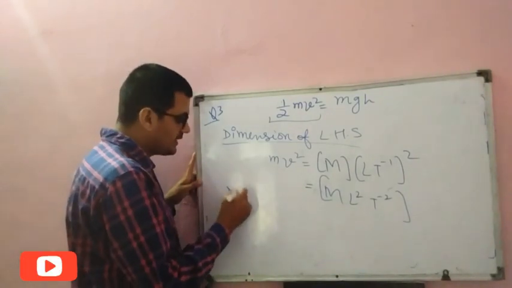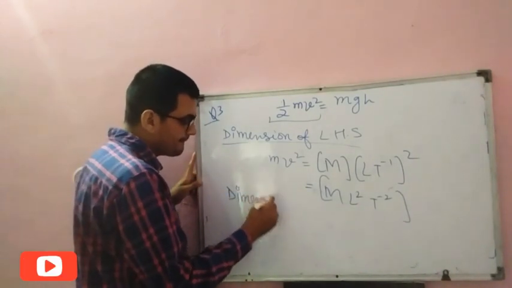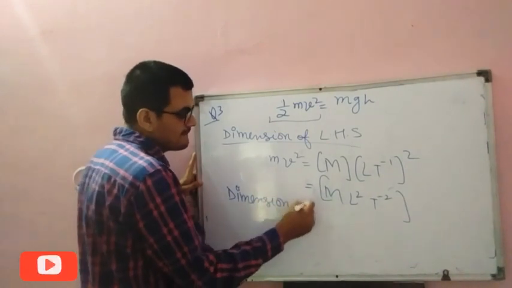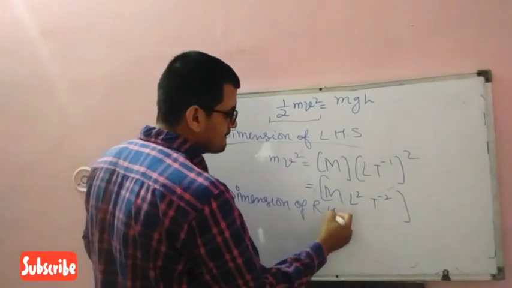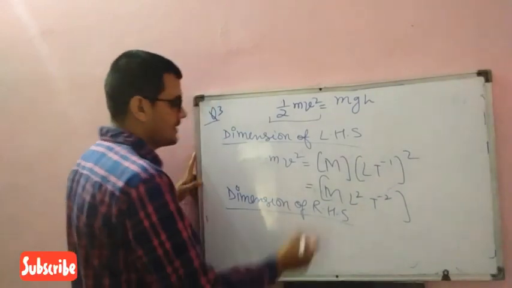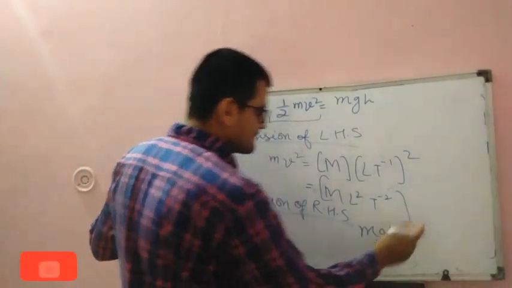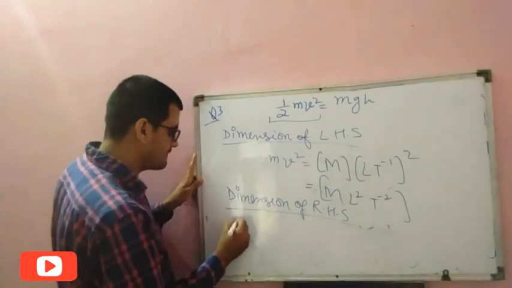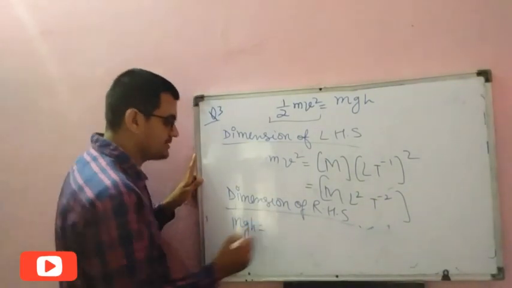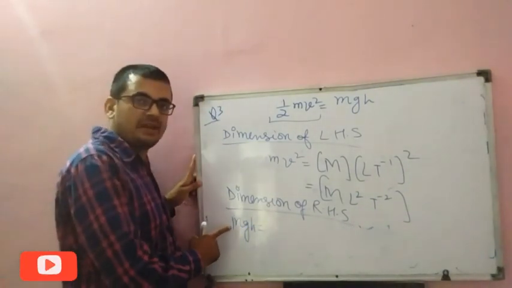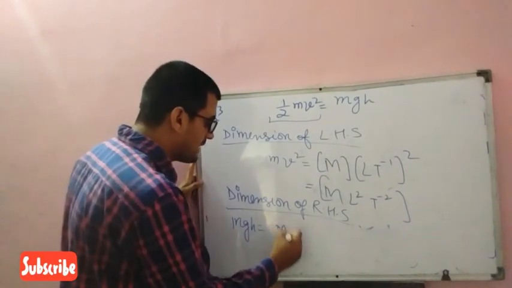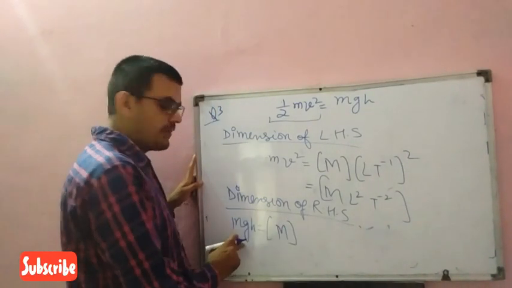Now we will find the dimension of the right hand side. It is mgh. M stands for mass, again its dimension is M. What is g?